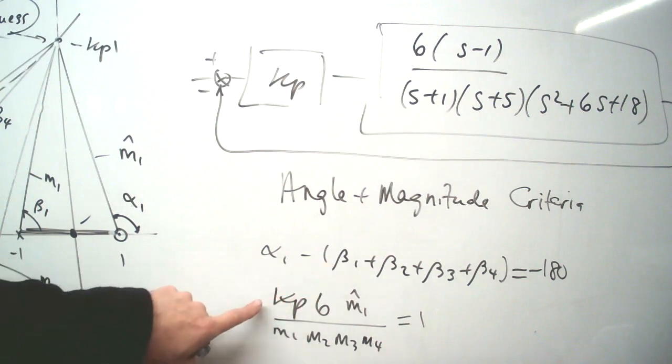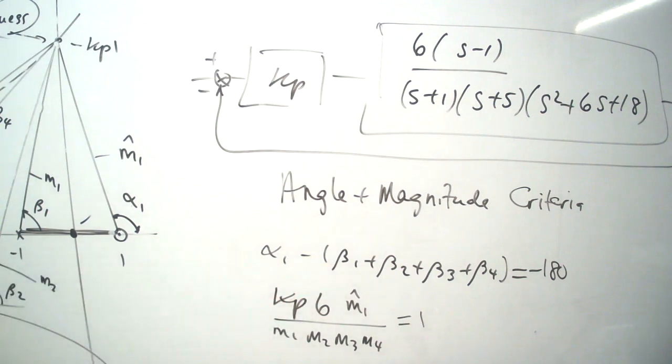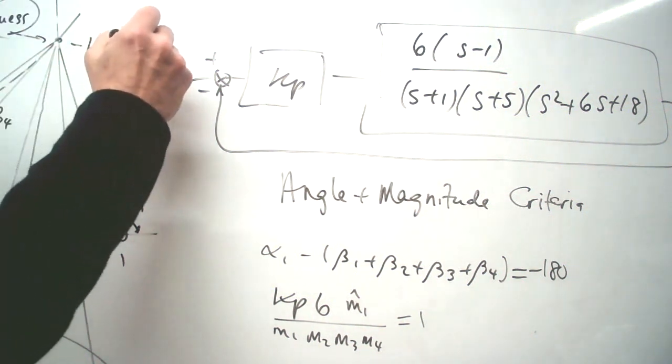And you solve that then for Kp. Now, when you do that, Kp comes out as 111. So Kp1 comes out as 111.